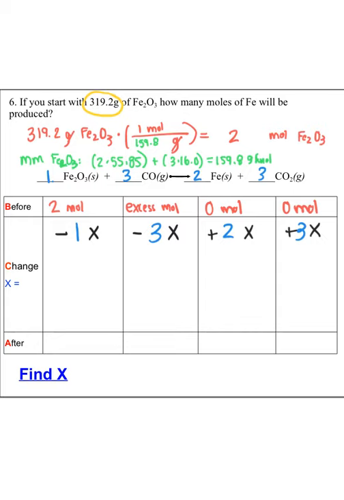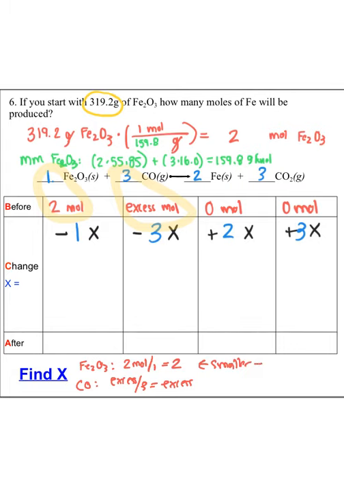In order to do that, I am going to take my before and divide it by my coefficient. So for Fe2O3, I'm going to take 2 moles divided by 1 and get 2. For CO, I'm going to take excess moles divided by 3 and get excess. What's smaller? My number 2 right here.